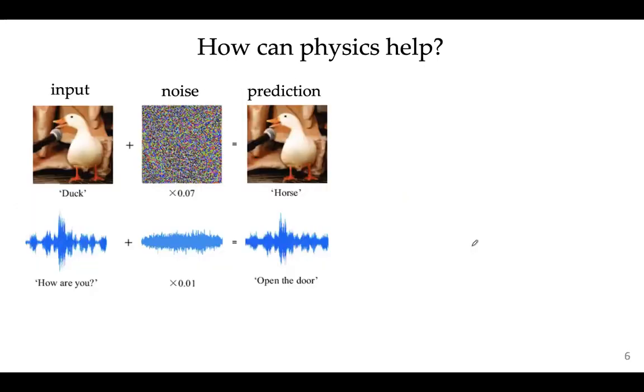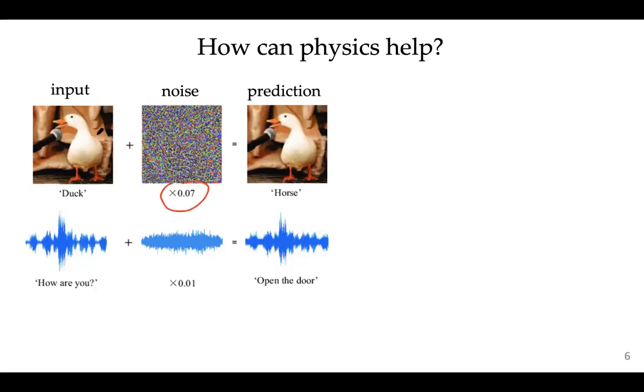One of the problems of machine learning is that the models are highly susceptible to noise. If you feed the input picture, like this one, with some noise, the noise is almost like 7%, which is pretty low.